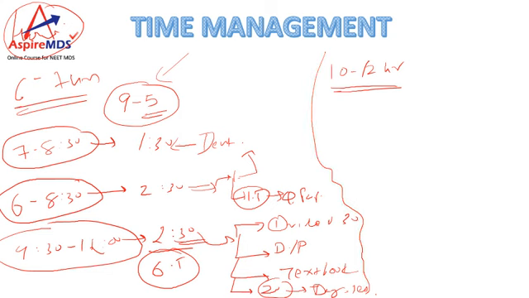You can say you wake up, if you are preparing late night, your day might start late, but if you are an early waking person, you can start your preparation by 7 o'clock. After finishing breakfast and everything, 7 to 12, that is almost 5 hours for you. Then you can have lunch in between and a quick nap. By 2 o'clock again you can start your preparation.